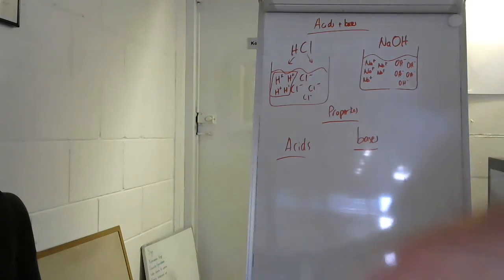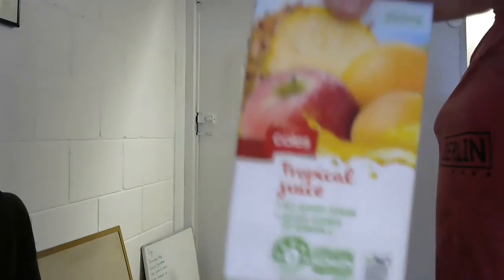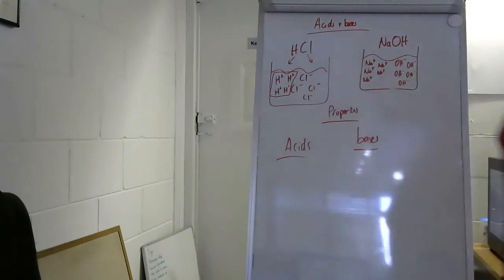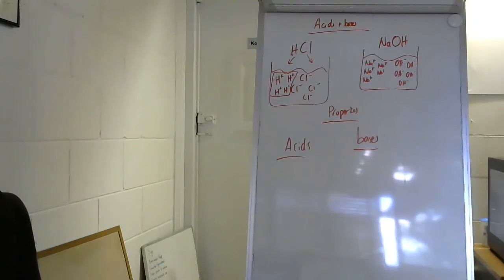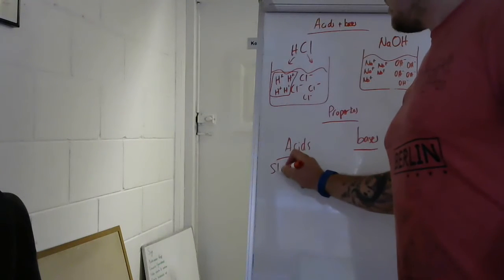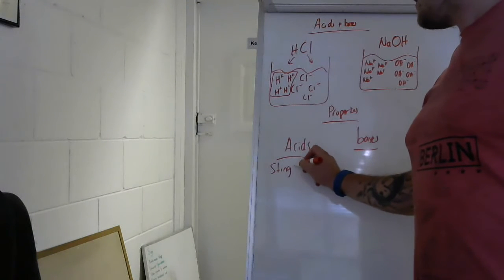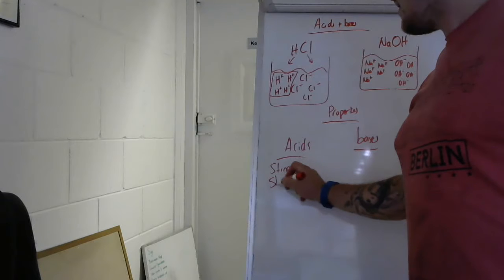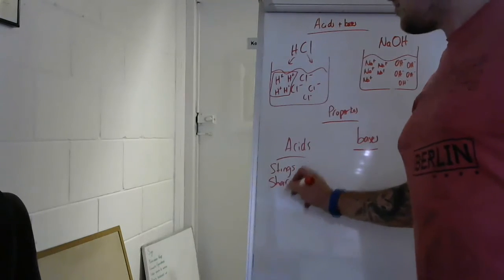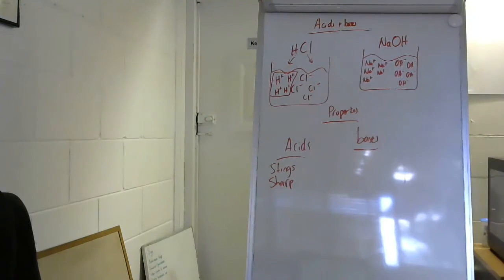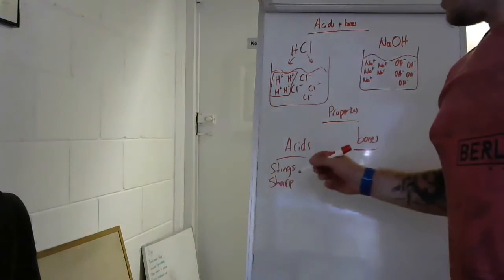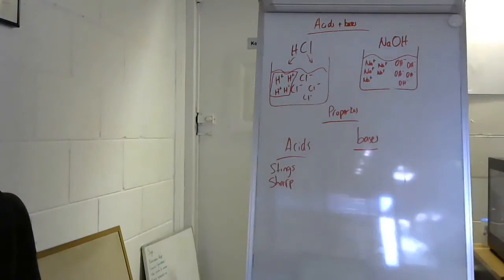I just drank some tropical juice and I have a cut on my tongue, and it really stings. If you've got cuts on your fingers and you juice a lemon, it's going to burn like heck. Acids taste sharp, they sting, they make you screw your face up when you eat them.